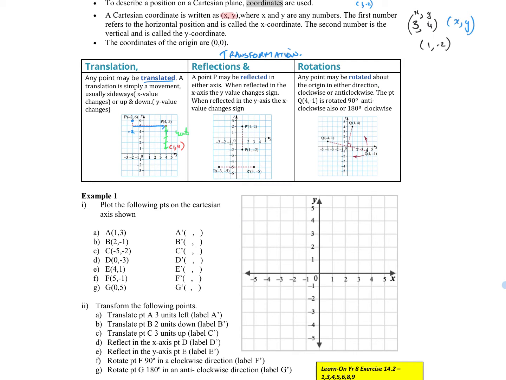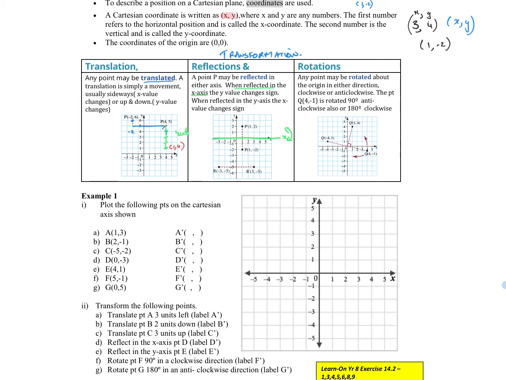Reflections are like a mirror, where you flip the point upside down or left to right. If we want to remember a rule, if we reflect in the x-axis, there's my x-axis there, we're reflecting up and down.